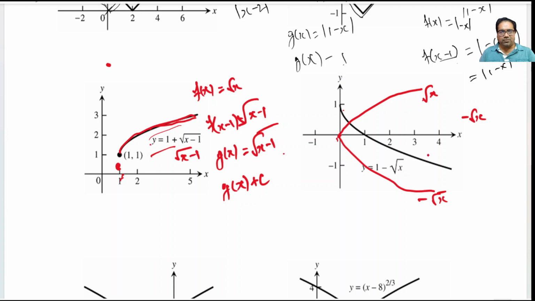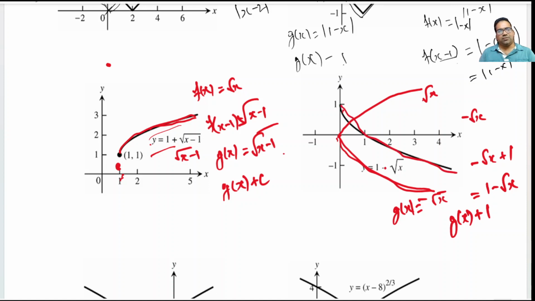Now, 1 minus root x is nothing but minus of root x plus 1. If g of x equals minus root x, g of x plus 1 is 1 minus root x. So this graph should be shifted 1 unit upwards. So that's why this is the final graph, 1 minus root x.